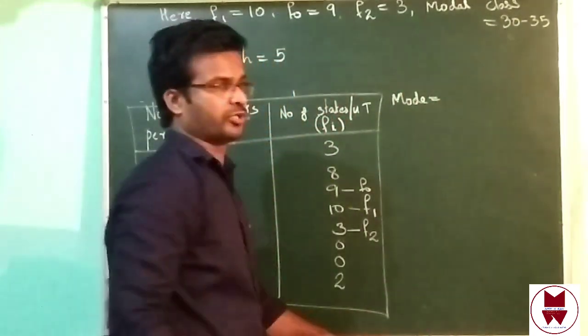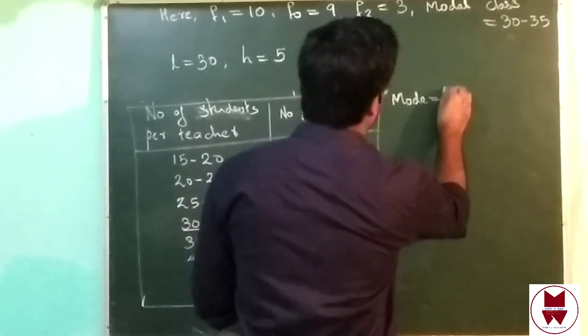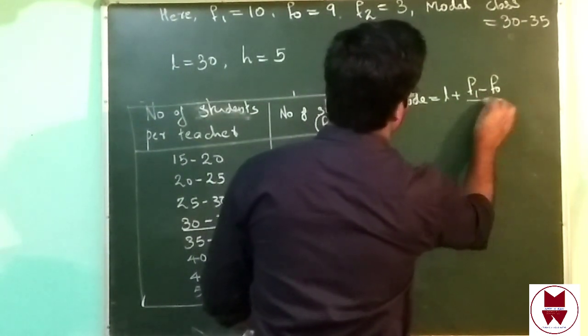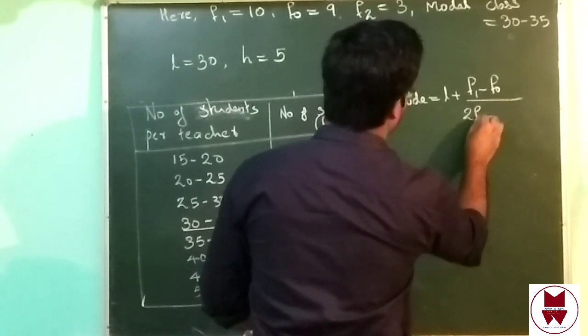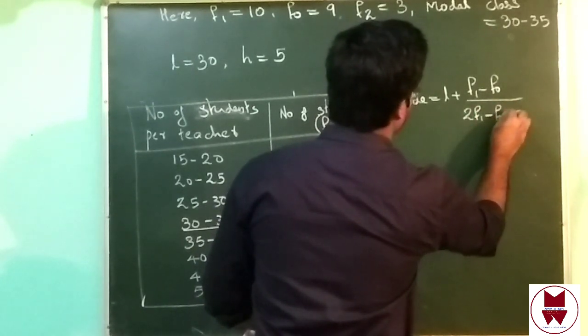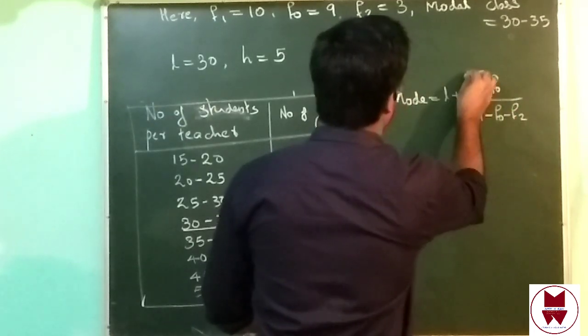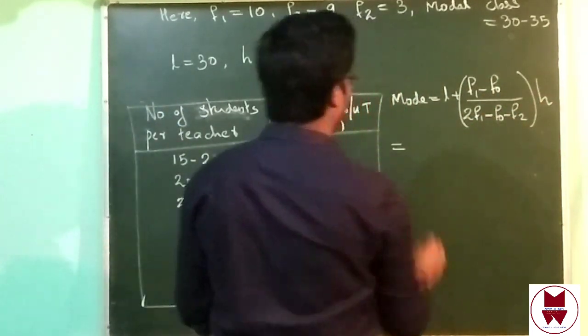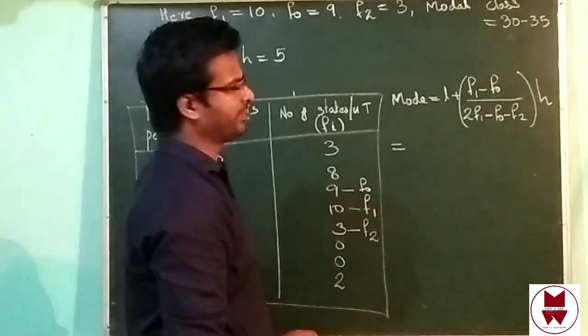equal to, the formula already studied, that is L plus f1 minus f0 divided by 2f1 minus f0 minus f2, into h. We can give all the values in here.